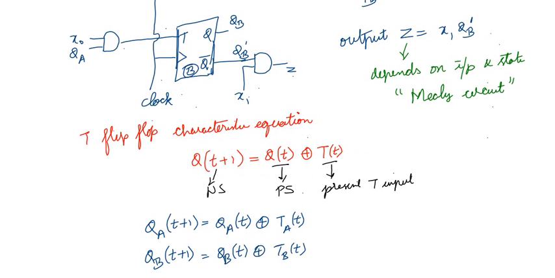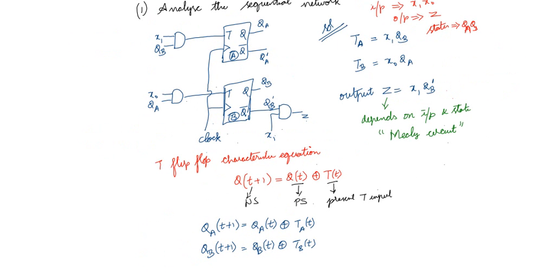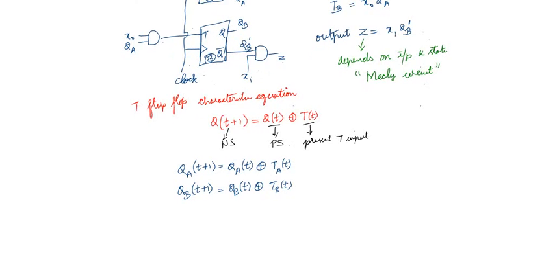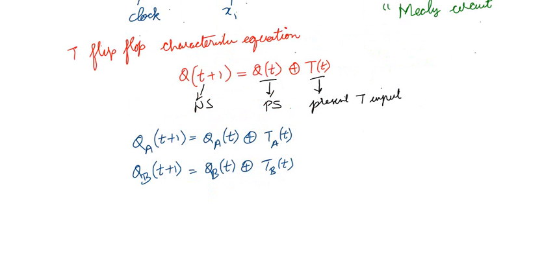Now what we are going to do is substitute the TA value here and the TB value here. So I can even write this expression differently. What is the XOR operation? I can simply say QA TA dash plus QA dash TA.